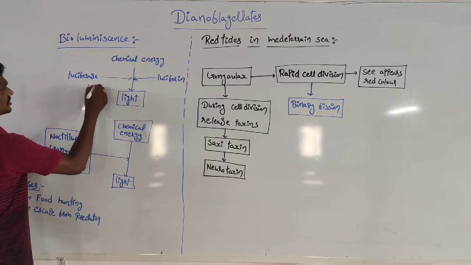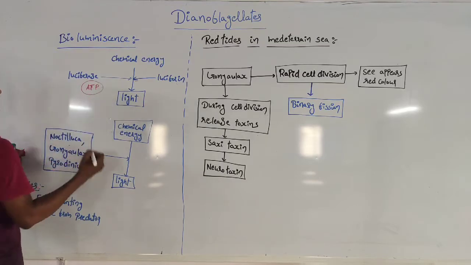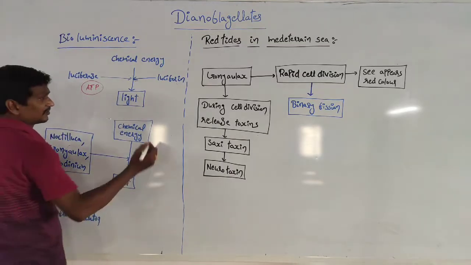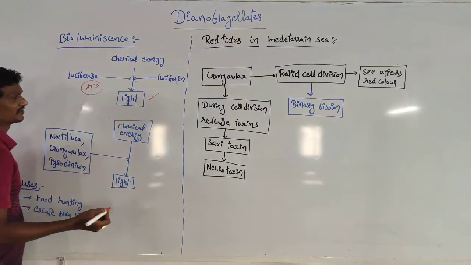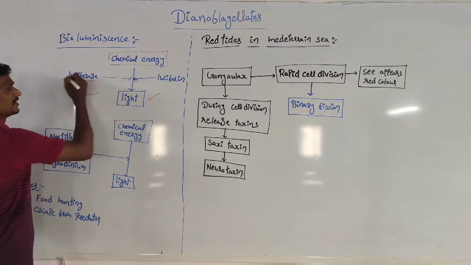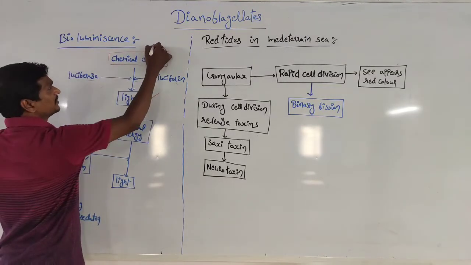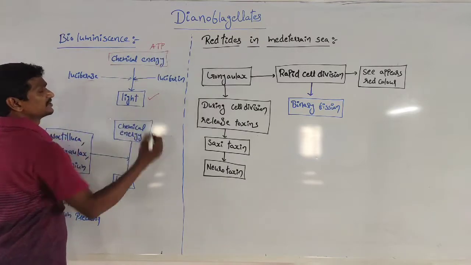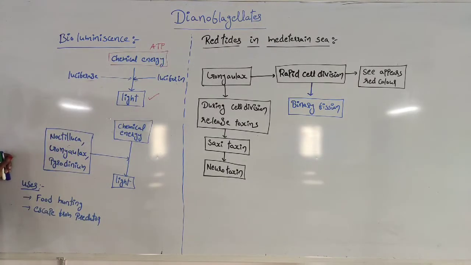ATP hydrolysis takes place, then produces light. Here the chemical energy is nothing but ATP. So in the presence of ATP, the luciferase enzyme and the luciferin substance, the chemical energy is converted to light energy.